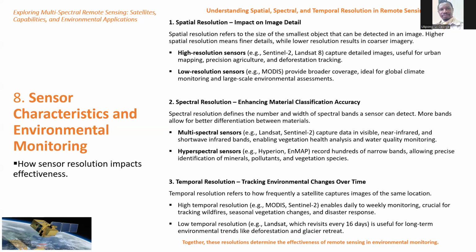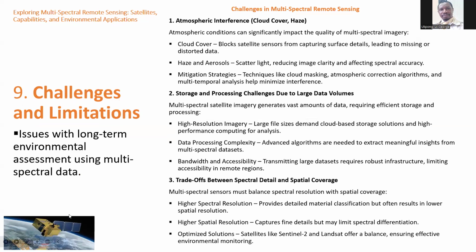Spectral resolution has to do with enhancing material classification accuracy, and temporal resolution has to do with tracking environmental changes over time. You can find these details as I've put them together here on this screen. Together, these resolutions determine the effectiveness of remote sensing in environmental monitoring.